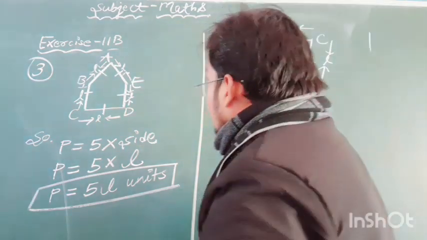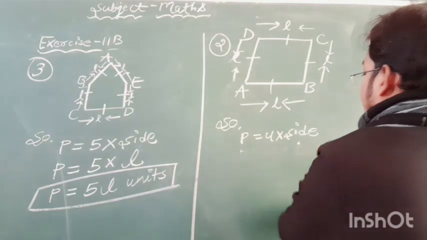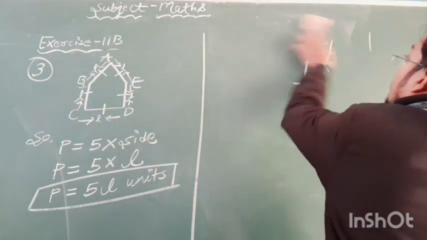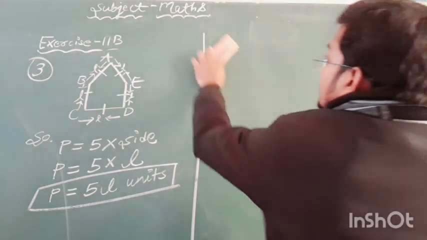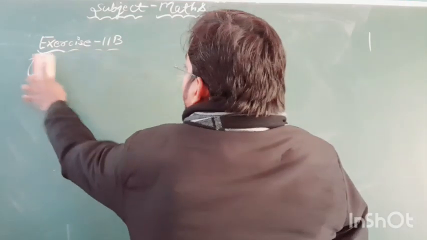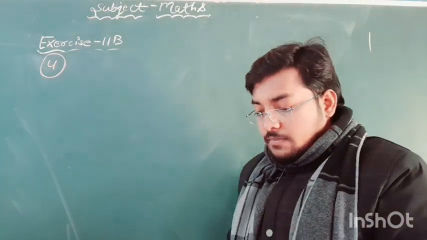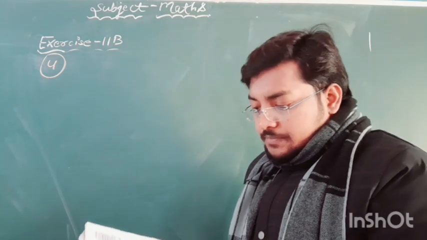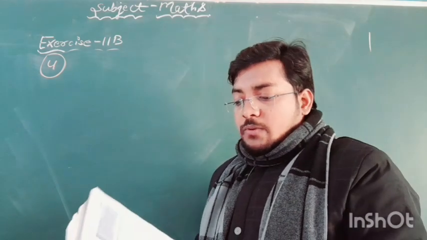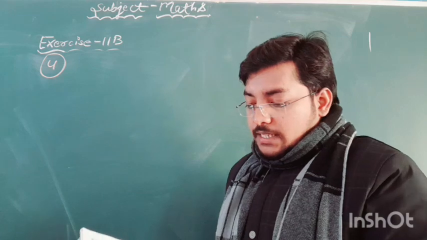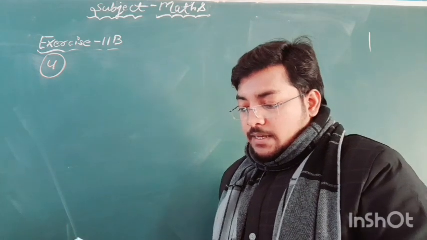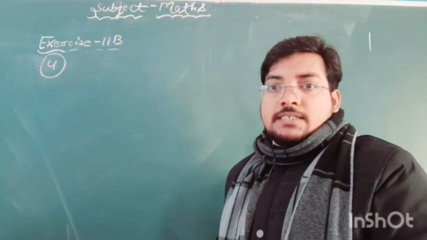And the next problem is question number 4, in which the question is saying that to find the product of three numbers 6, 7 and 8, we can have three ways.